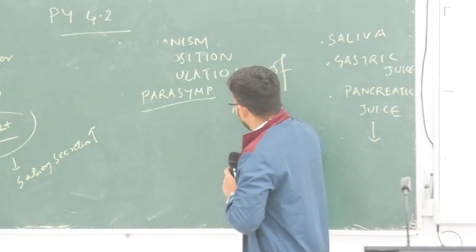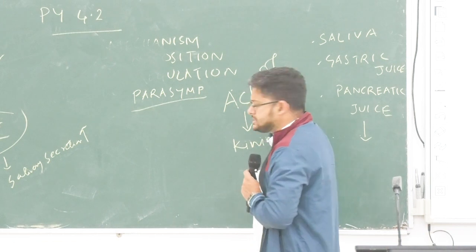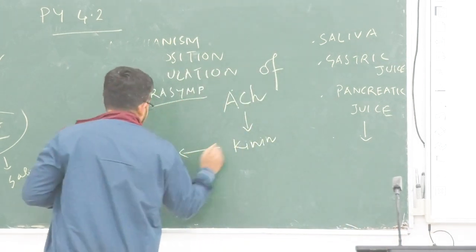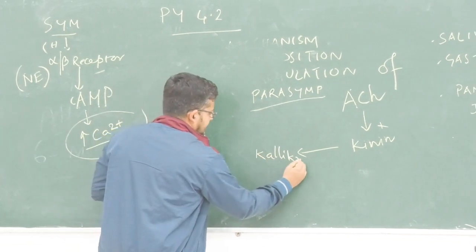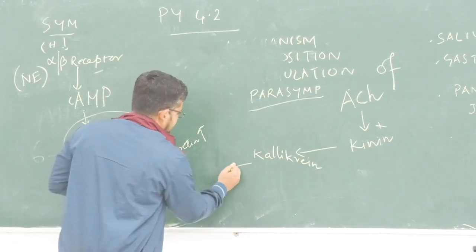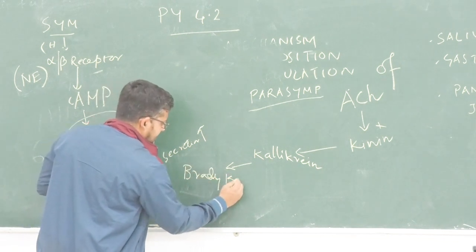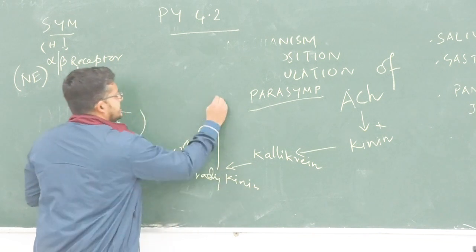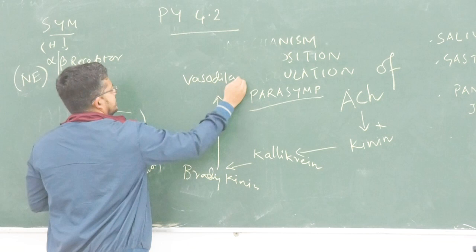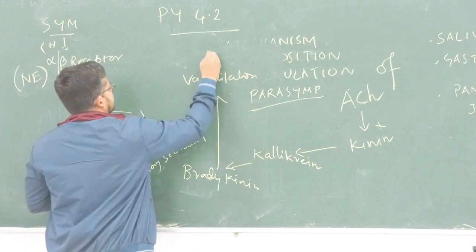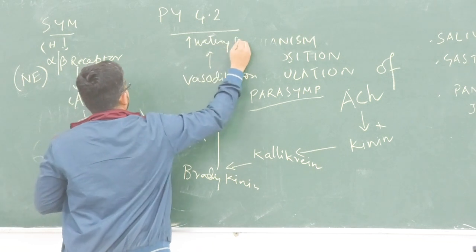This is acetylcholine, which is activating the kinin system, that is activating the kallikrein, that is ultimately leading to the bradykinin, that leads to local vasodilation, that leads to increased watery secretion.